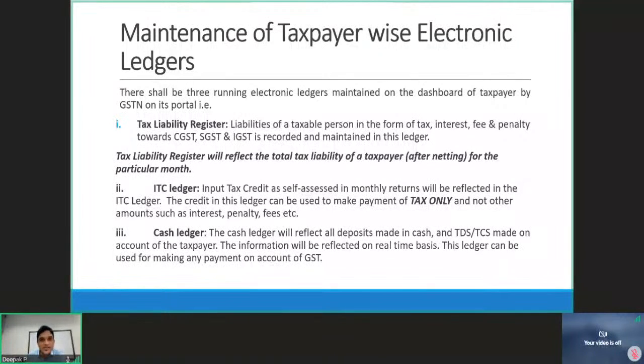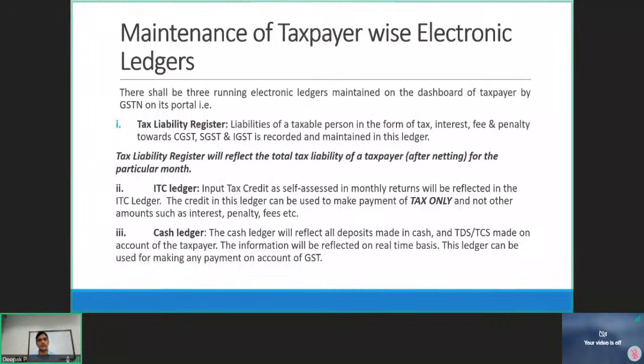So this is not a license raj or a different mechanism wherein government will do the assessment for every transaction. This is a self-assessment. You will have to raise an invoice, assess the taxes, pay the taxes, collect the taxes and report it.